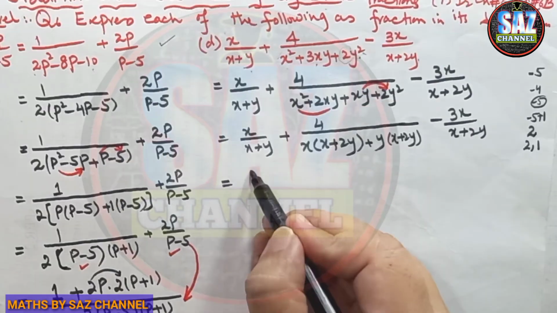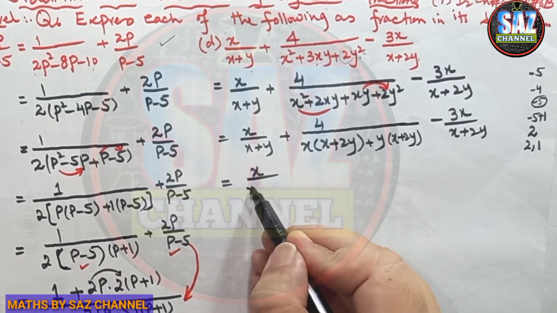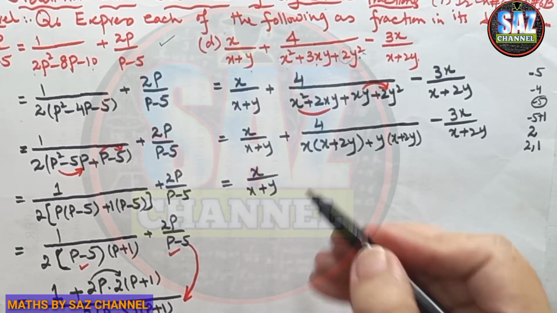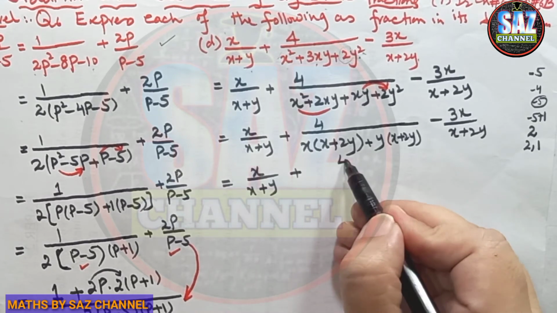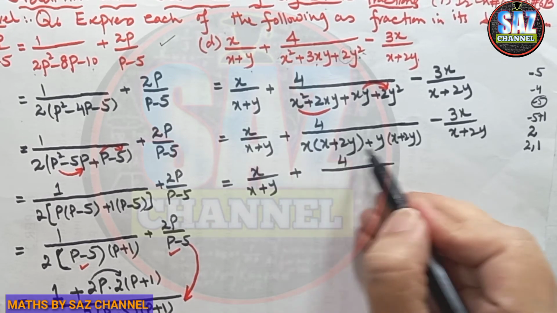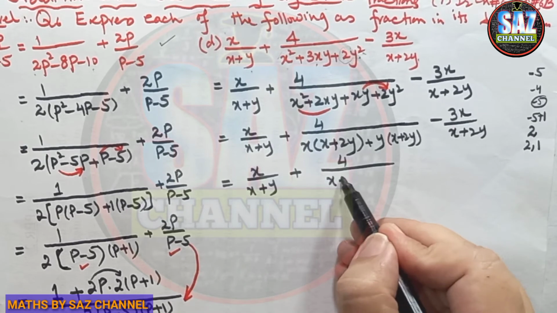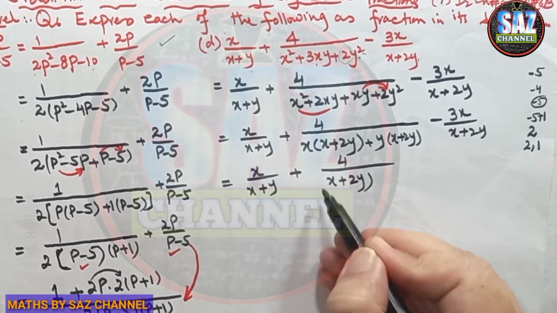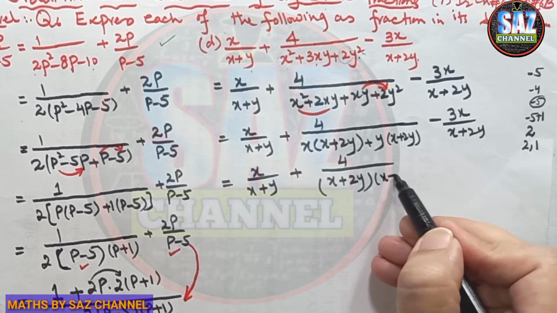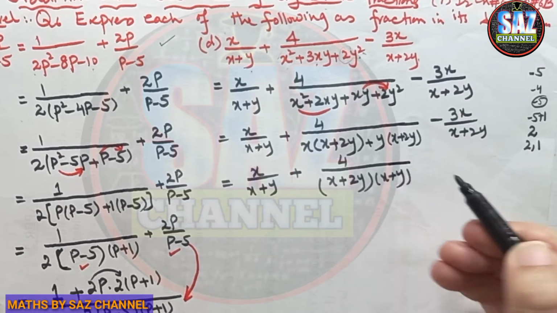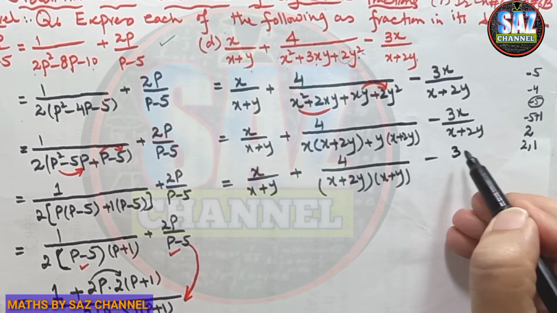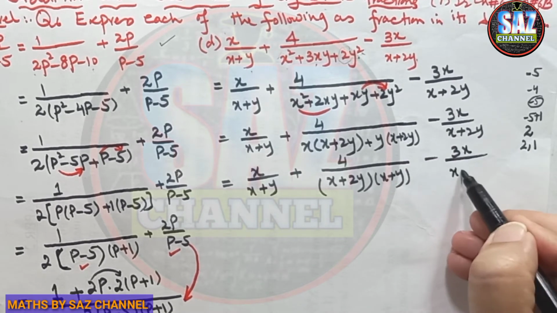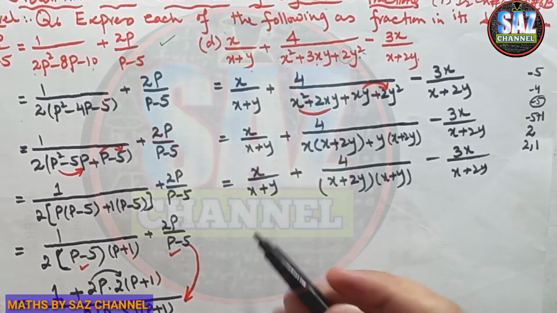Now first simplify the denominator of the middle fraction completely. 4 upon x plus 2y is the common group, extract it out, x plus 2y into x plus y upon minus 3x into x plus 2y.